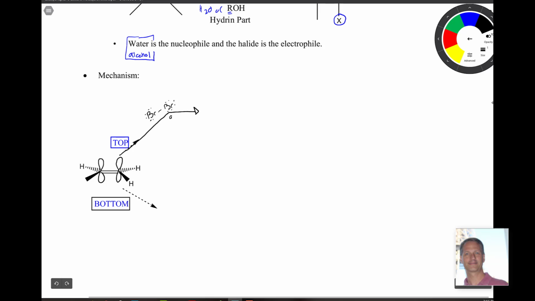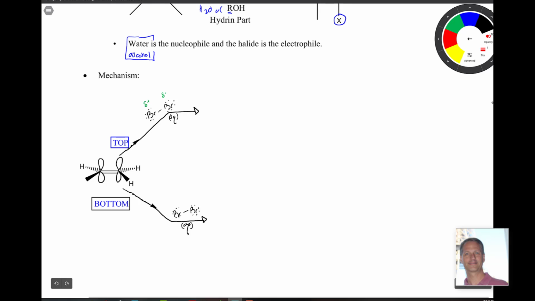So this is also aqueous, right? So get some water in there. And then we'll do the bottom one here too. So the bottom has your bromine and your water.